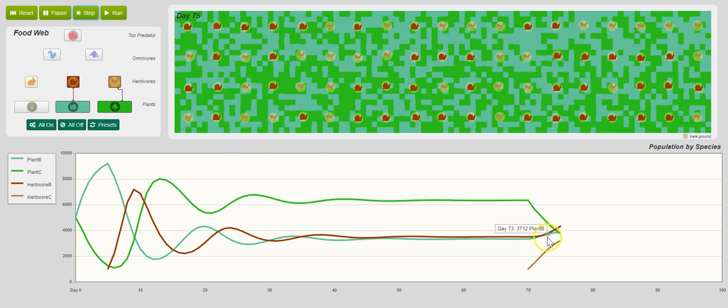We see a slight upward tick. Plant B's population is going to go up because its competition's population, plant C, is going down. It now has more abiotic resources because these are in competition for soil nutrients and so on. Now this has more nutrients, more resources than it had before, so its population is going to go up.